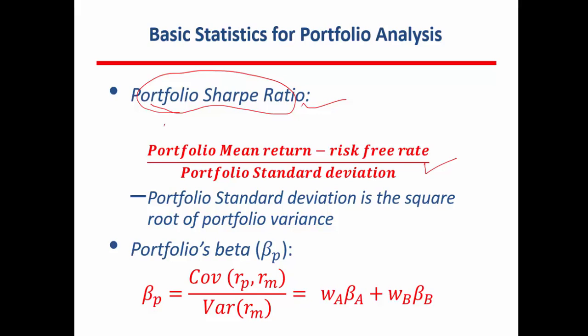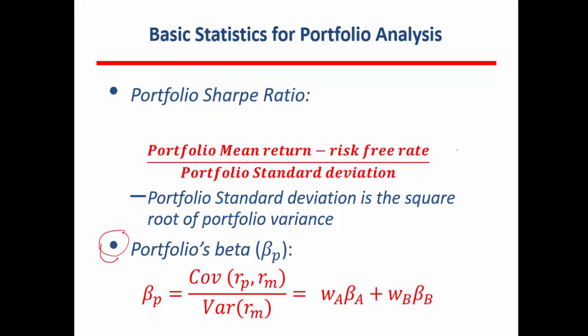The Sharpe ratio gives us how much additional return we would get if we take one additional unit of risk. A higher Sharpe ratio means the stock is better because it gives a higher return for the 1 unit of risk you take, and a smaller Sharpe ratio means not so good because it gives less return for the 1 unit of risk you take.